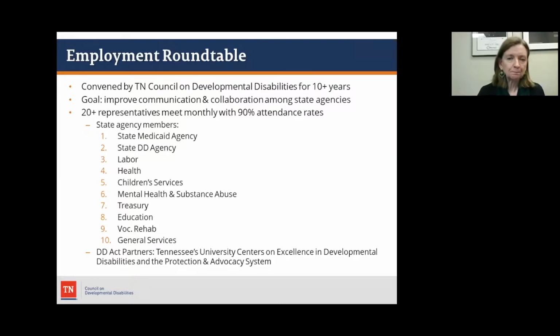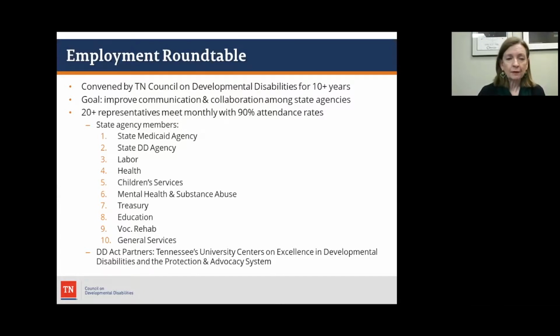Well, the goal of the roundtable really is quite simple. We are trying to break down the silo effect and improve communication and collaboration among the state agencies. As you know, in your state, there are several programs within state agencies that administer large amounts of money and provide services to people with intellectual and developmental disabilities toward getting employment.